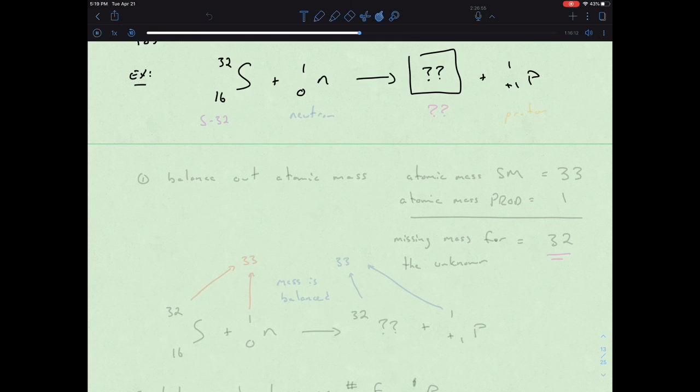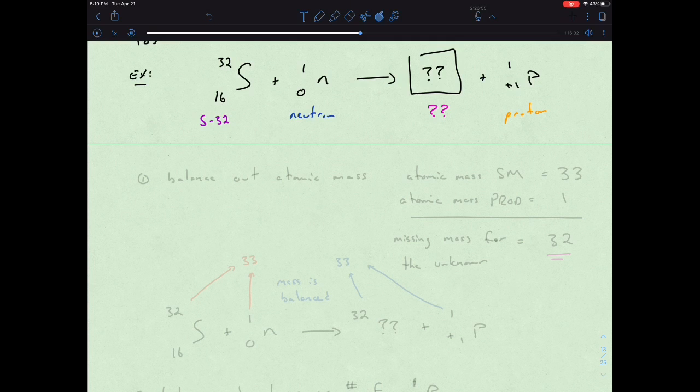So we have our sulfur 32, neutron, proton, and what we're really trying to determine, which is that box.